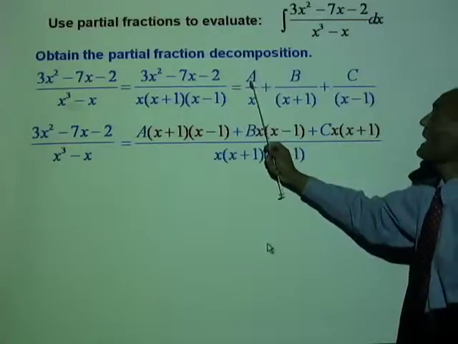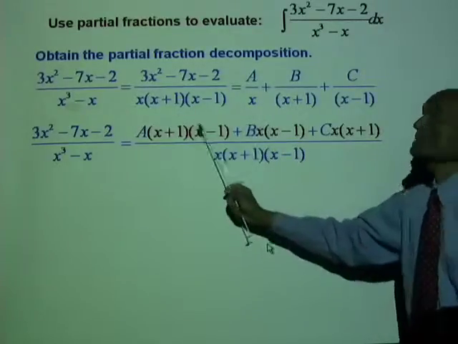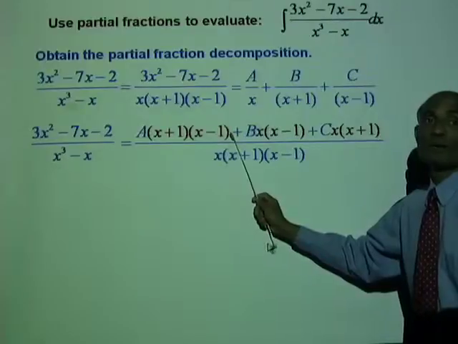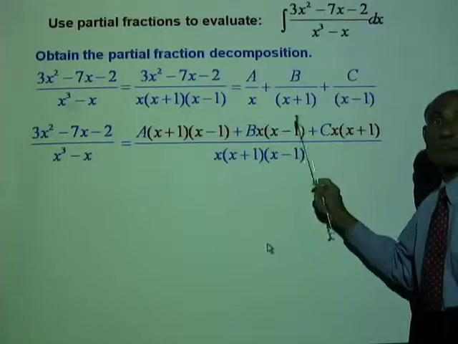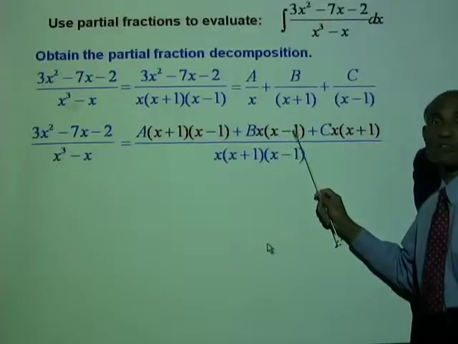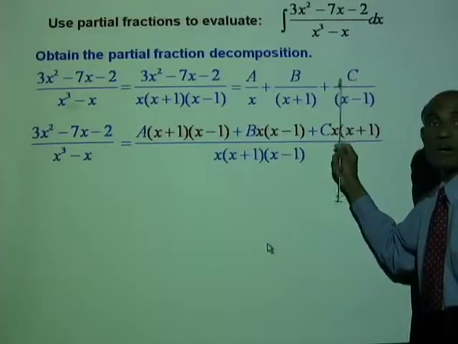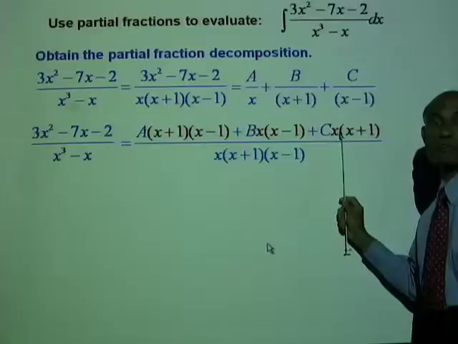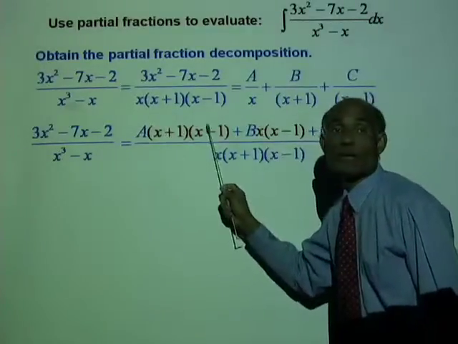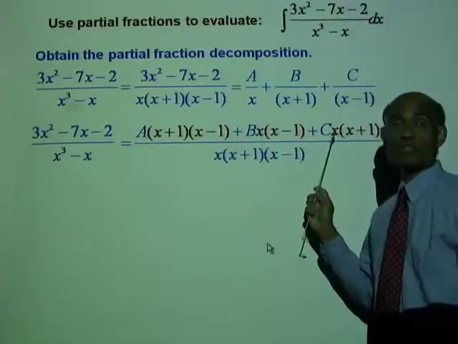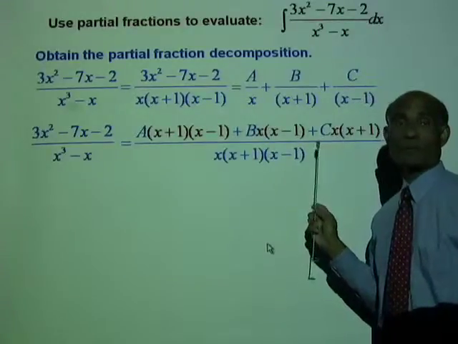This will be A times x plus 1 times x minus 1 plus Bx times x minus 1 plus Cx times x plus 1. Okay, now I have put them in red colors so that you can see them a little more clearly.